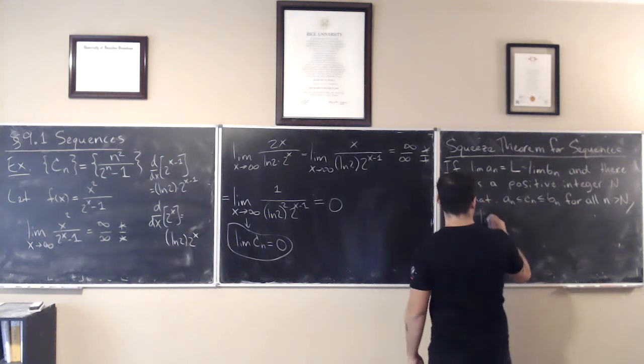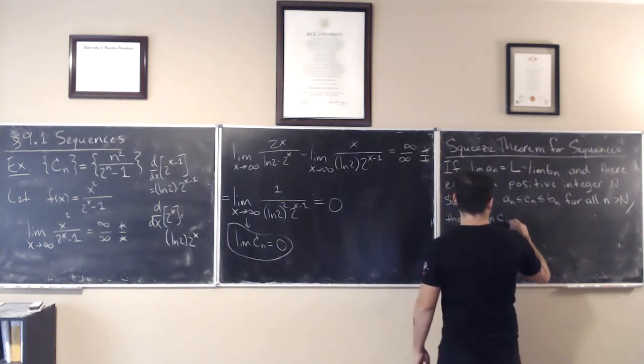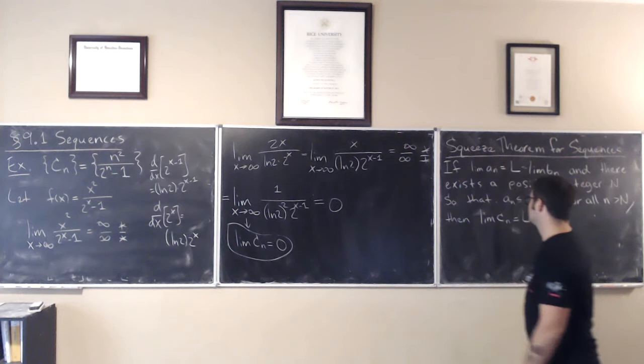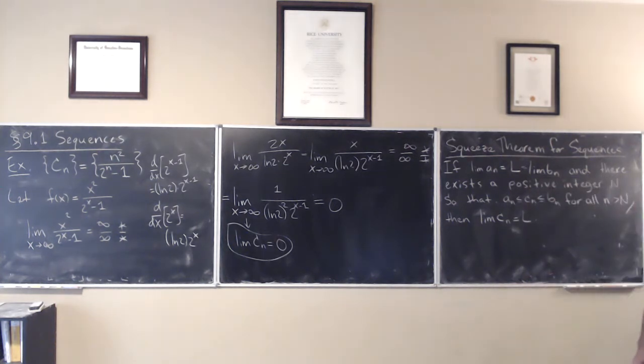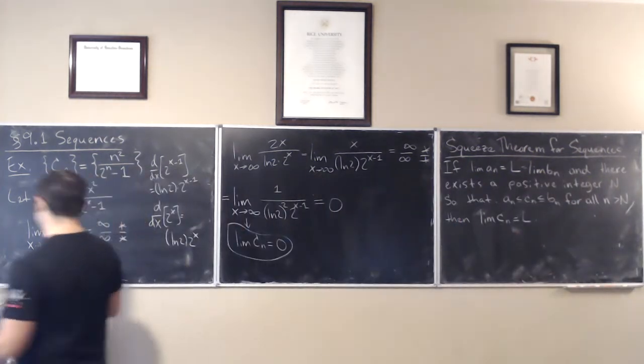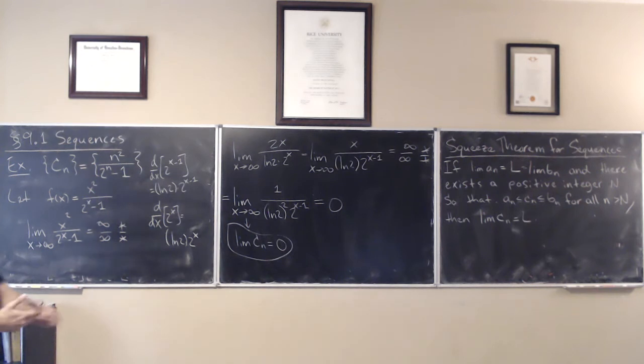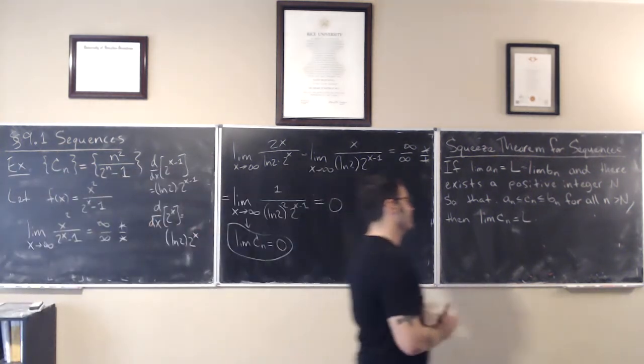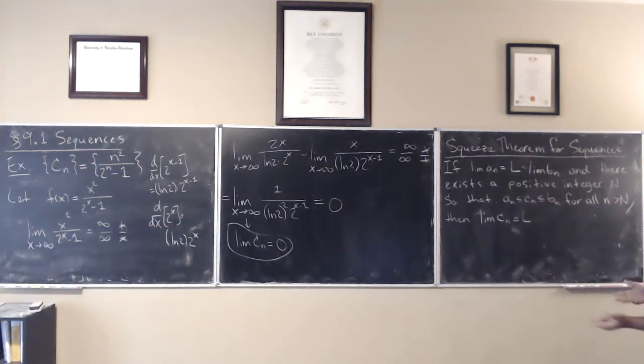So then the limit of cn is equal to L. Okay. Now, again, it's slightly different than what you know for real variable functions, but it's actually almost, to me, easier.